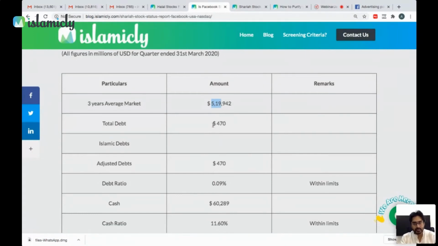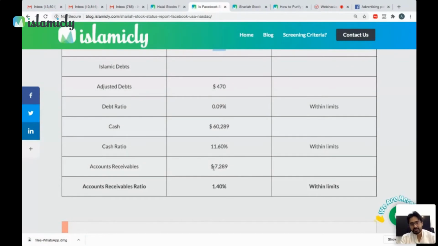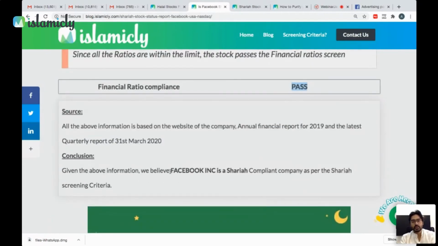The total debt was $470 million. Hence, the company's debt is just 0.09%. It has massive amounts of cash, but still it is just 11.6%. It has some receivables, which is $7 billion, and it's just 1.4%. And since all the ratios are within the limits, the company also passes the financial ratio compliance. Hence, Facebook Inc. is a Sharia compliant company.